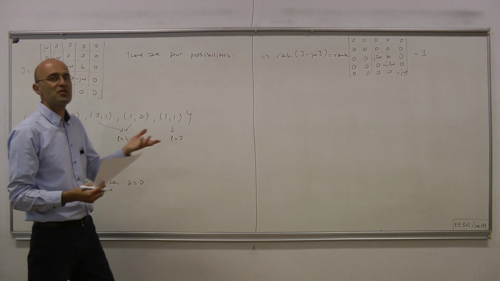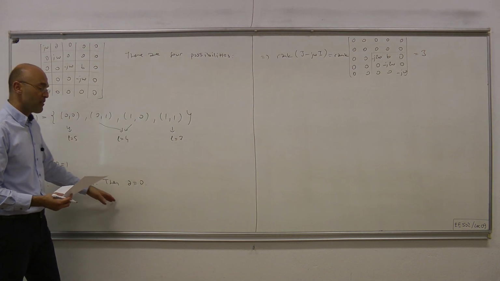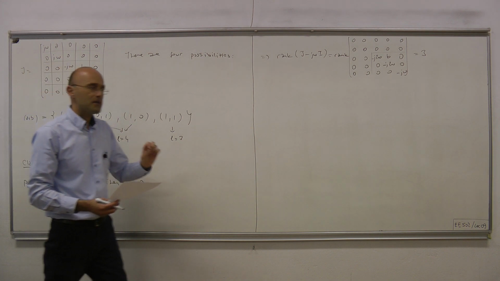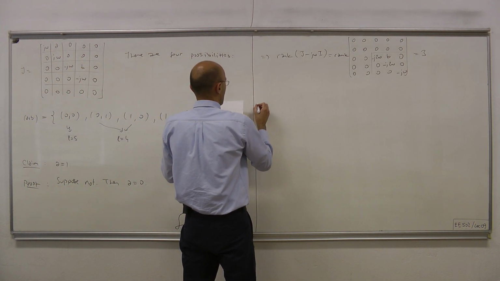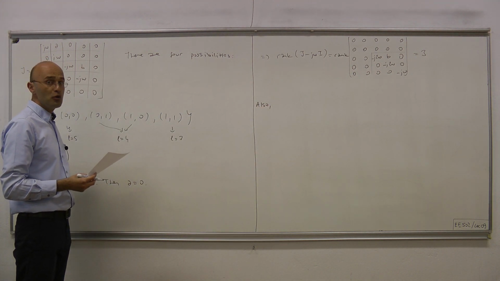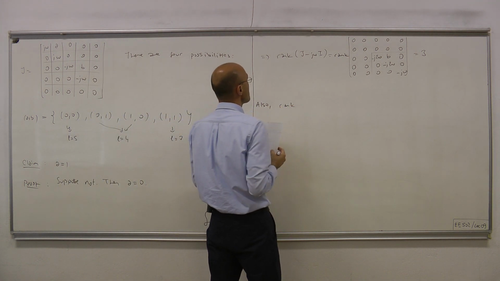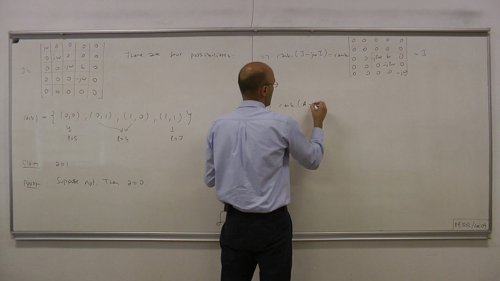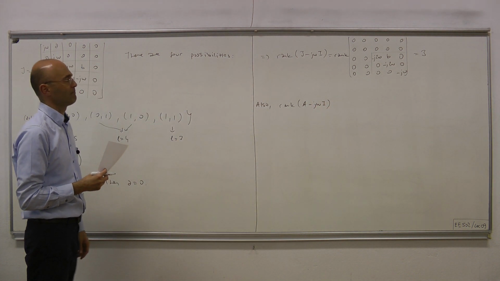Now, this seems like an arbitrary step which seems to have nothing to do with what we're trying to prove, but just be patient until it becomes useful. Now what we're going to do is compute the rank of A minus jωI.